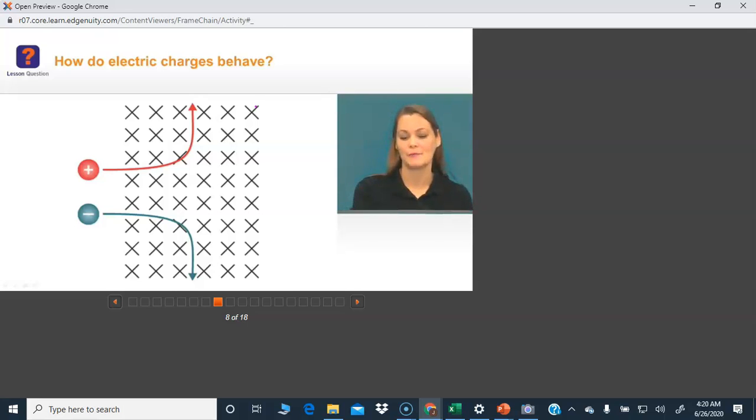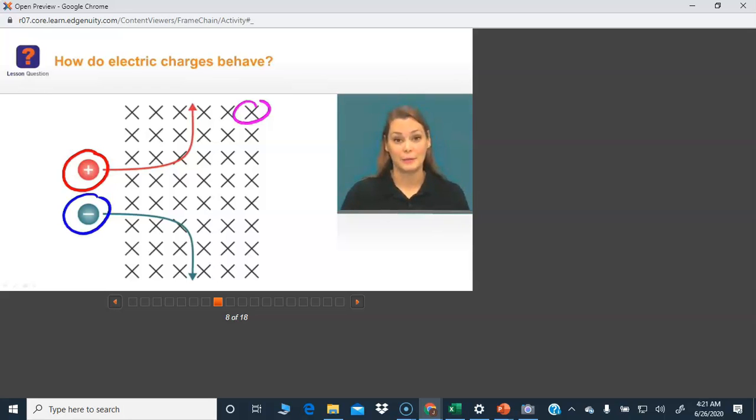The X's represent an electric field moving from your chair into the screen. A positive charge could be a positive ion or a free-floating proton, and a negative charge could be a negative ion or a free-floating electron. The forces applied to these two particles once they enter the field alters their course, and they bend.